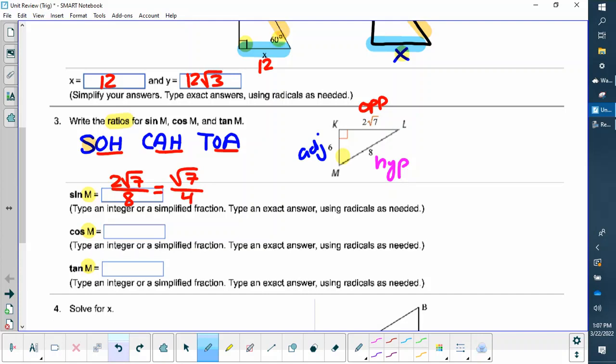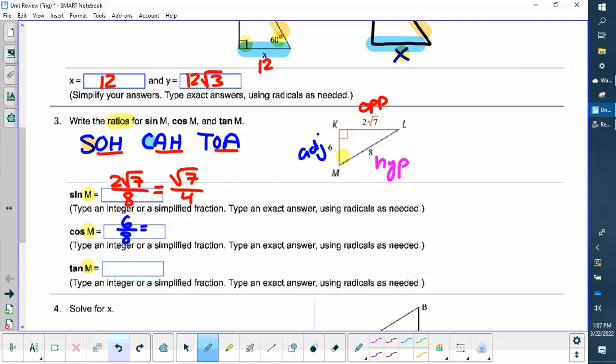Okay, cosine. When I look up here at cosine, the CA, I notice adjacent over hypotenuse. And my adjacent is 6, and my hypotenuse is 8. Now this one doesn't have a square root, but if you type this in, you'll probably get it wrong because it's not reduced.